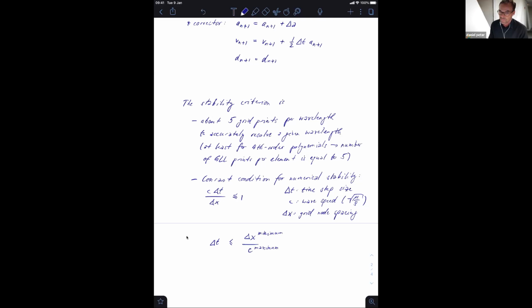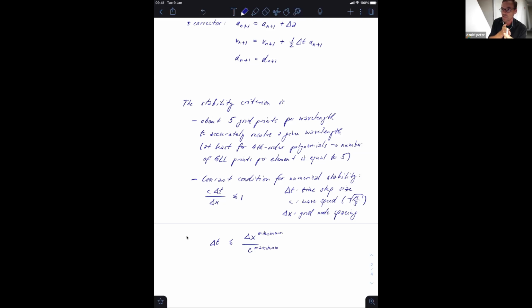But there's a bit of room to play around with this stability condition, and the condition is not a hard limit on the time step size. It doesn't mean that if we go a little bit beyond the condition with our time step size, the scheme becomes unstable.